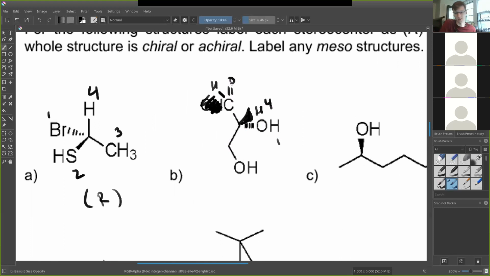This carbon has an oxygen attached. This carbon also has an oxygen attached. Do you remember the rule for when you have double or triple bonds? Double bonds count as twice as much. So we're going to write another oxygen in.